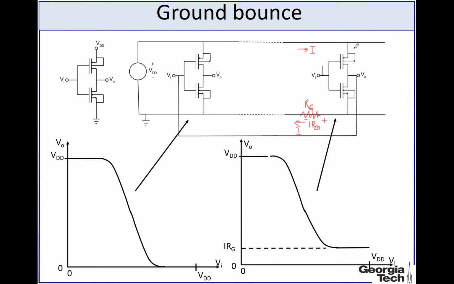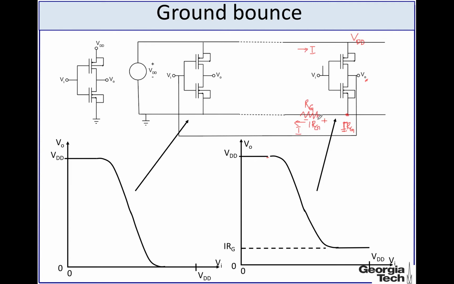Because there is no resistance, the voltage at this node will be VDD. On the other hand, at this node, the voltage, rather than being 0, will be IRG. Now, how will the voltage transfer characteristics for this inverter look like? First, if the input is 0, then it's fine. The output will be VDD. But if the input is equal to VDD, then this pull down transistor will be on, and as a result this voltage will appear at V output.